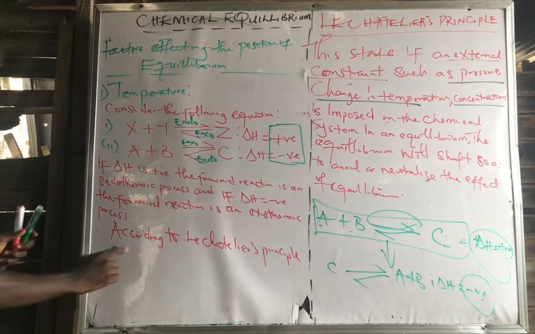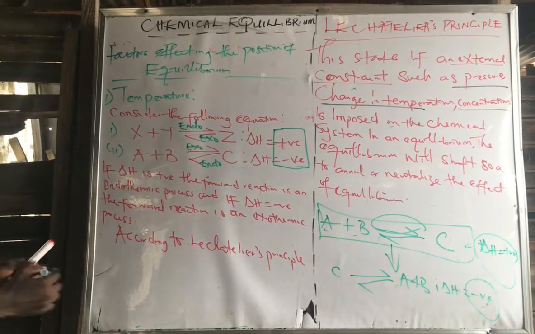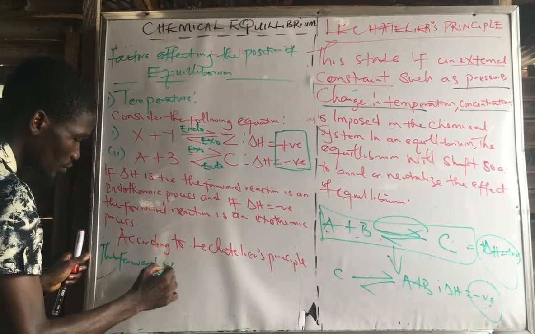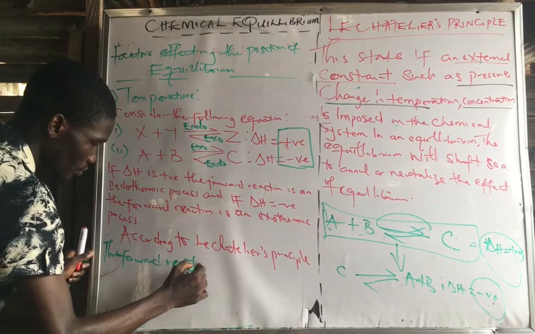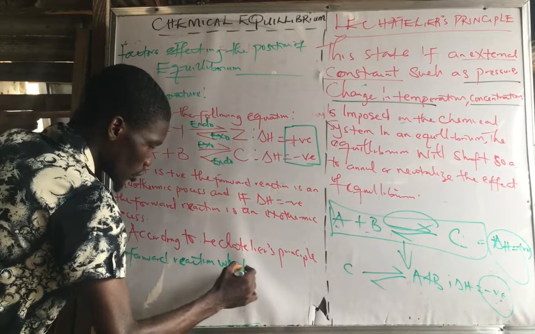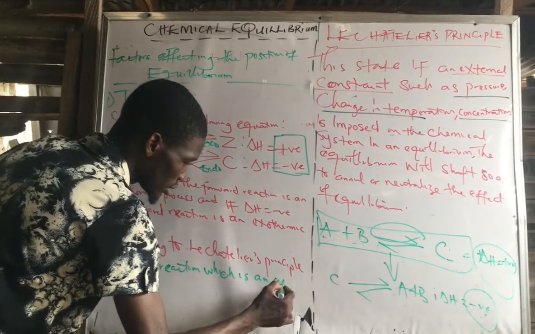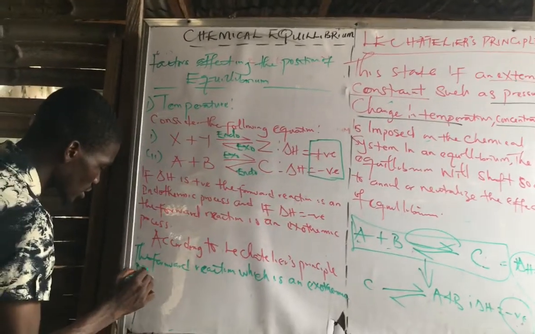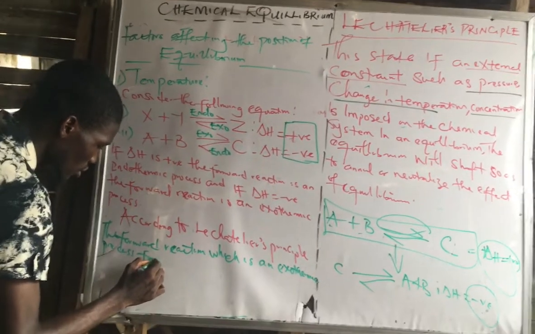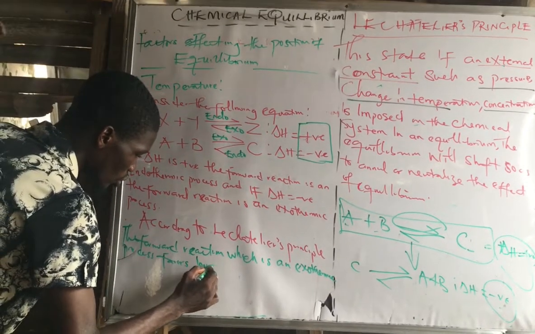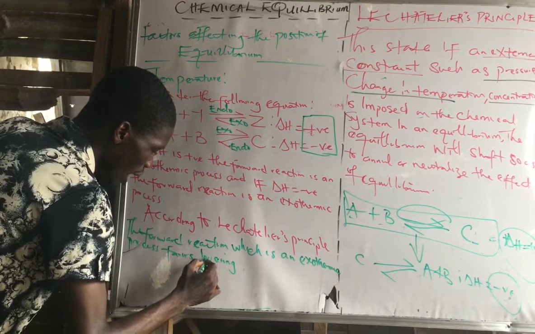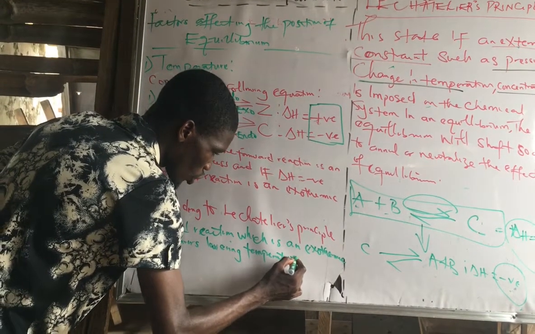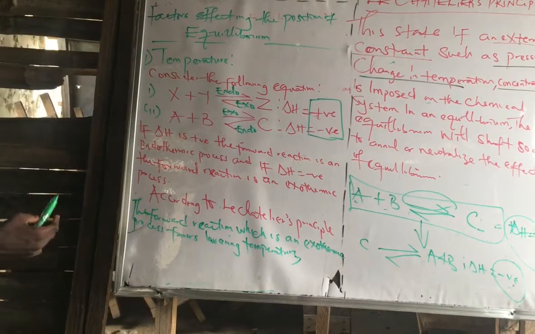According to Le Chatelier's principle, the forward reaction, which is an exothermic process, favors lowering temperature. That's the first observation from Le Chatelier's principle.